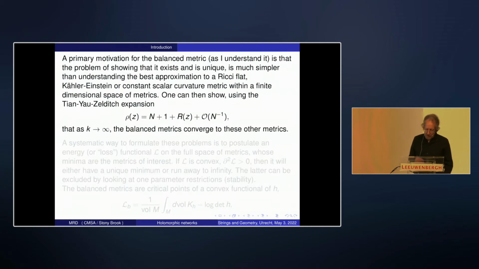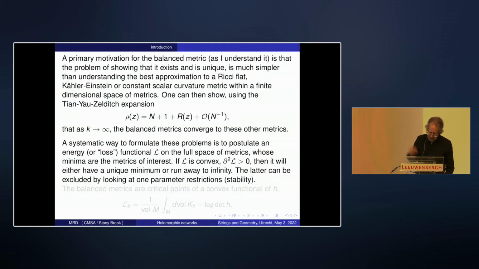Anyways, the reason why it's interesting here is that there's a relatively short argument that this balanced metric turns out to be unique for a given embedding, a given degree line bundle, and as you increase the degree of the line bundle, it converges to the Kähler-Einstein metric, and that can be seen from this asymptotic expansion in 1 over the number of sections or degree of the bundle.